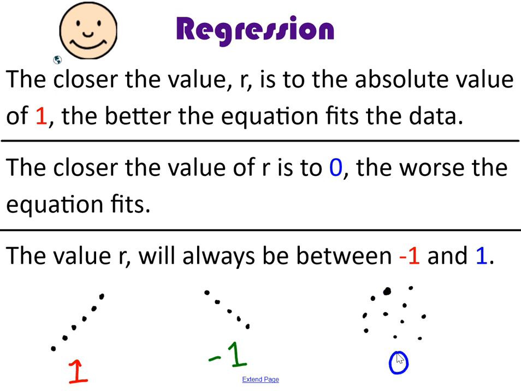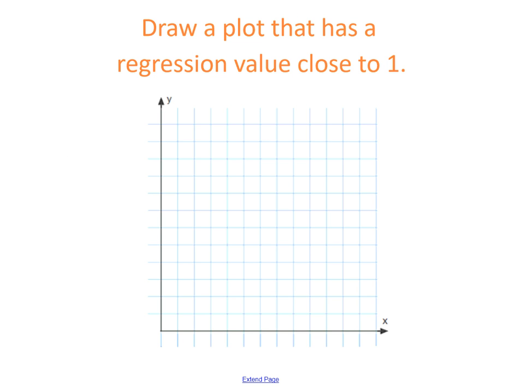Okay, let's go ahead and practice that. It says draw a plot that has a regression value close to 1. That means we want it to be kind of a straight line. Something like this would have an r value of close to 1, because as you can see, the dots are going up in a fairly straight pattern.